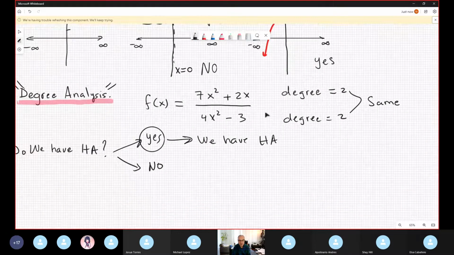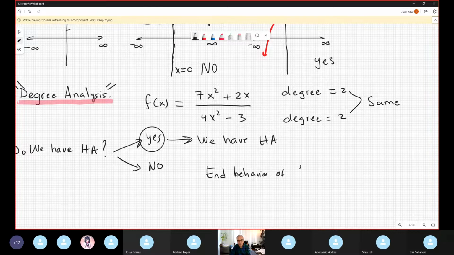So when you analyze the end behavior of the function f of x, the dominant terms in this expression are this at the top, and this at the bottom.